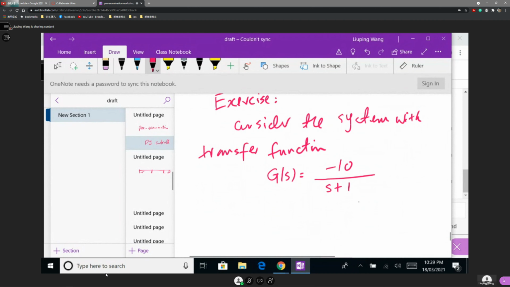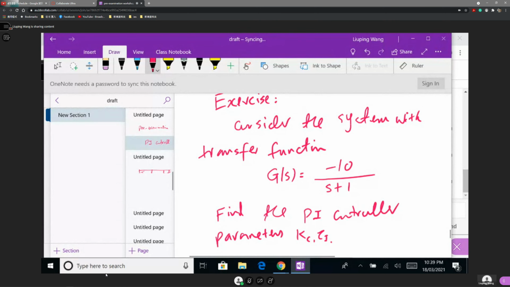I want you guys to find the PI controller parameters, Kc and tau I, with damping coefficient equal to 1 and omega n equal to 6. I give you 5 minutes to work on this question. You can do it very quickly.